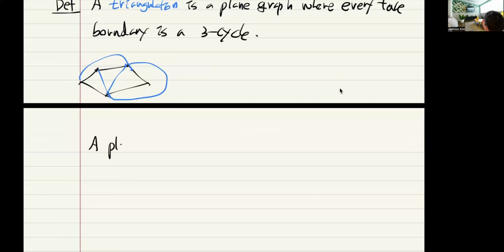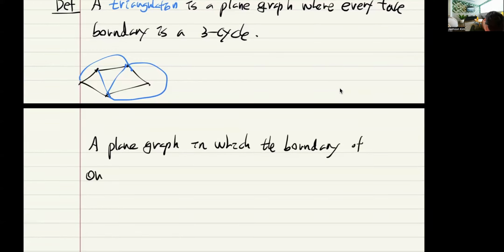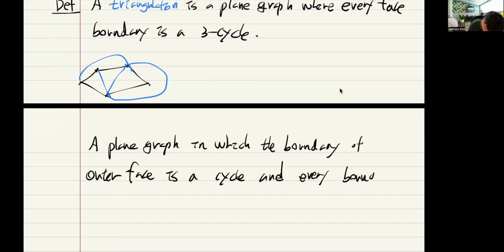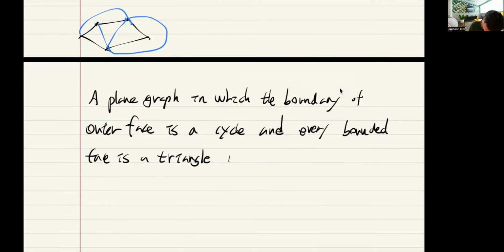And we say a plane graph in which the boundary of the outer face, the unbounded face, is a cycle, and every bounded face is a triangle, is a weak triangulation.